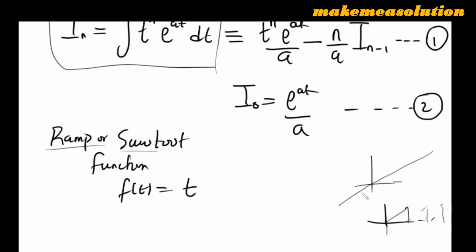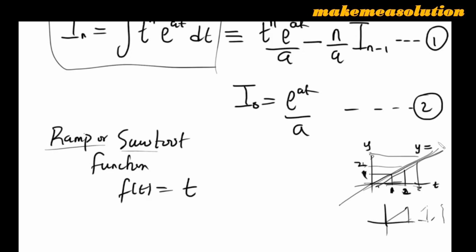But the ramp function just stretches, and the ramp function is a function such that if you give it an input A, it returns A. If you give it B, it returns B. So if here is 1, here will be 1. If here is 2, here will be 2. If here is 3, here will be 3. So that's why the property of this function is your y and your t.